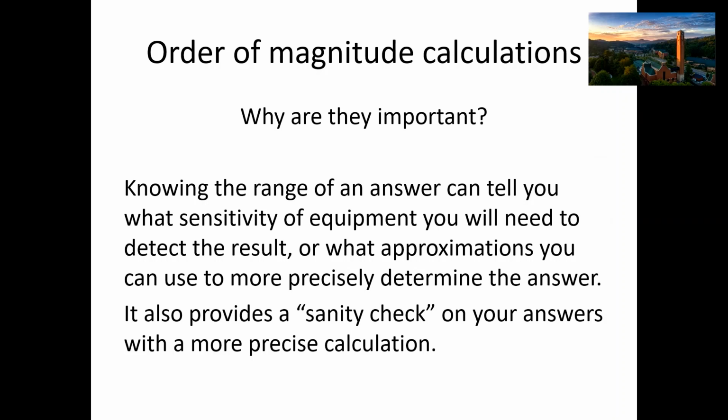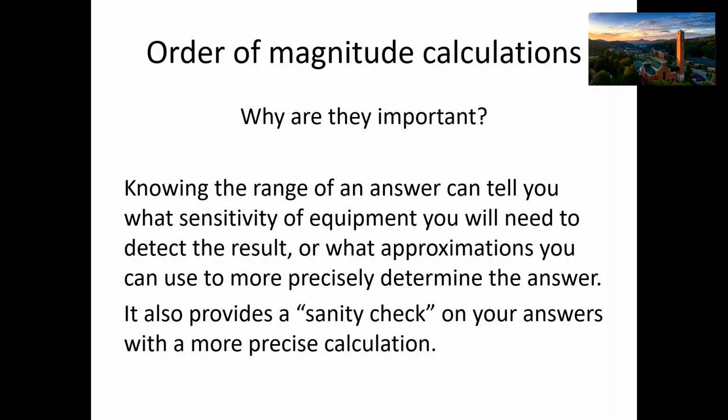If you are ordering equipment for your project, you will need to know the sensitivity required for detecting the result in your project. So you can do some order of magnitude calculations to figure out a range, so you can pick out of the list of different voltmeters, for example.